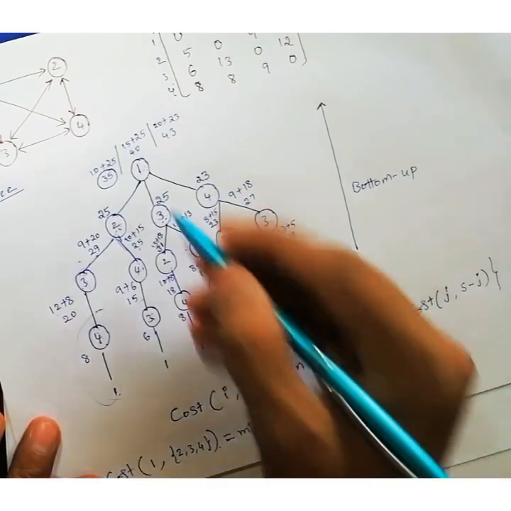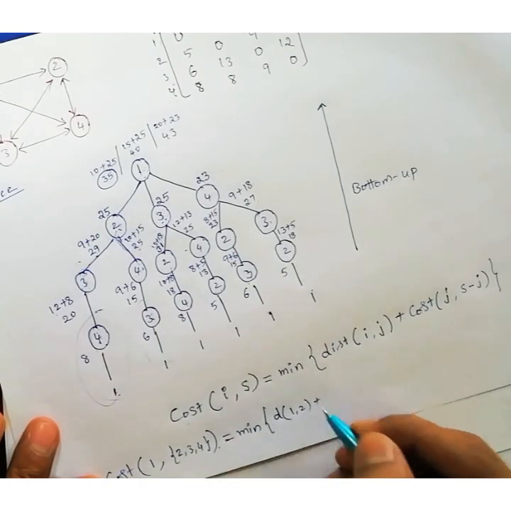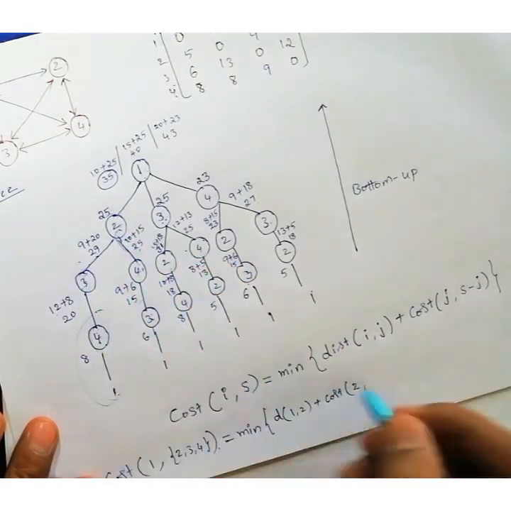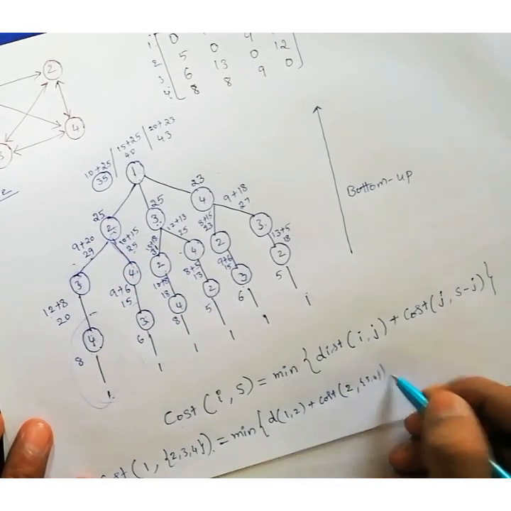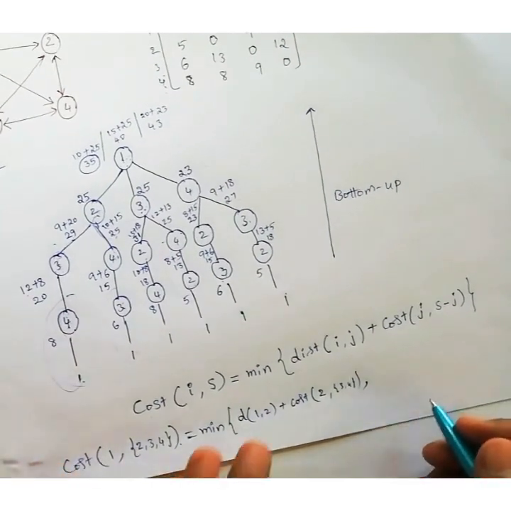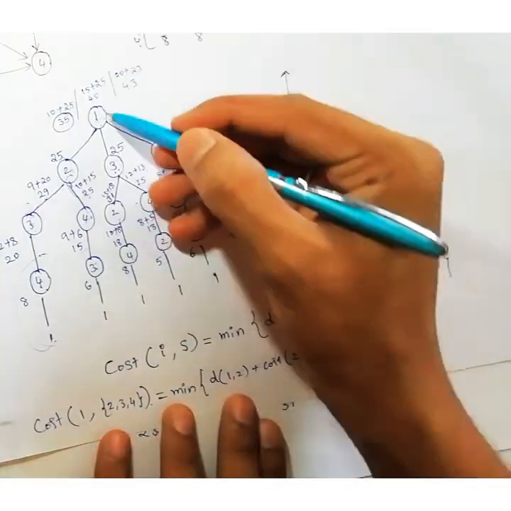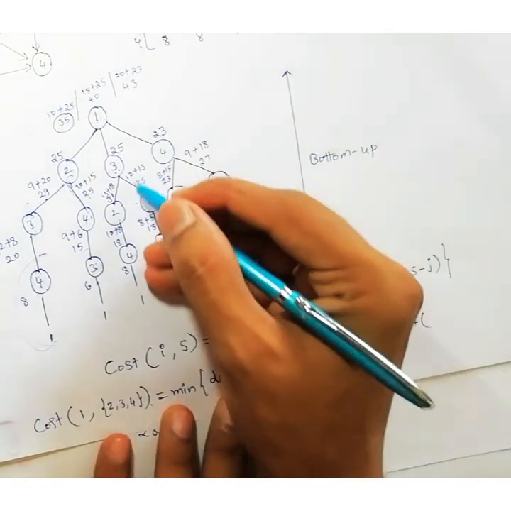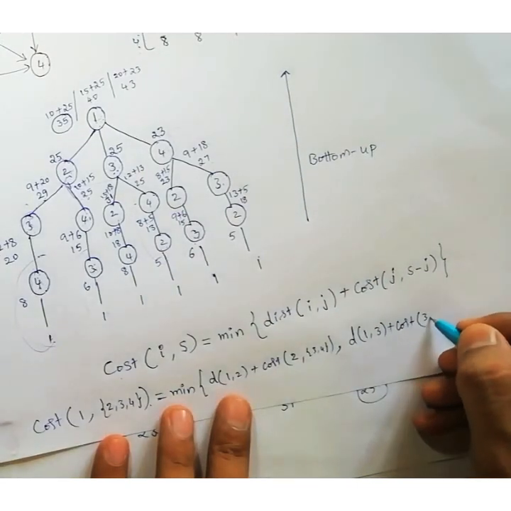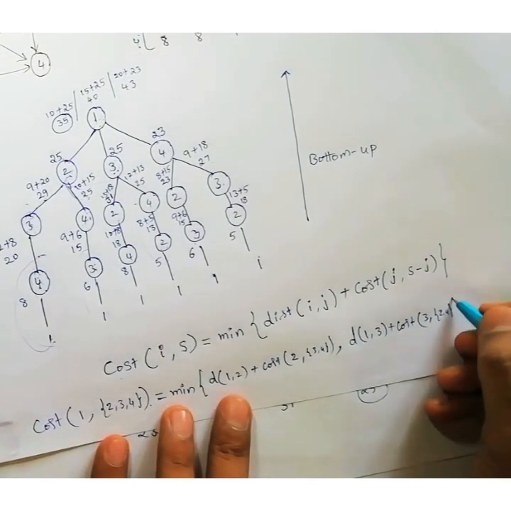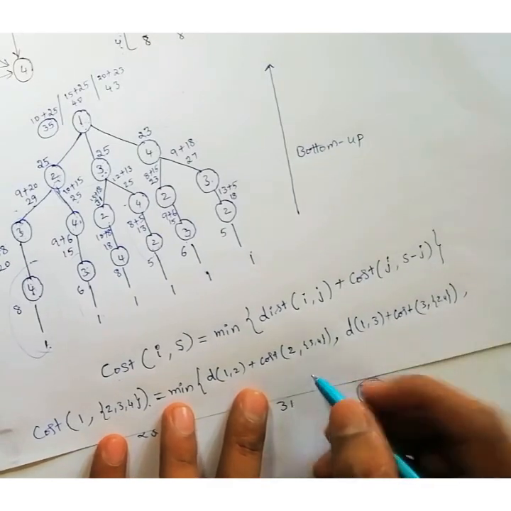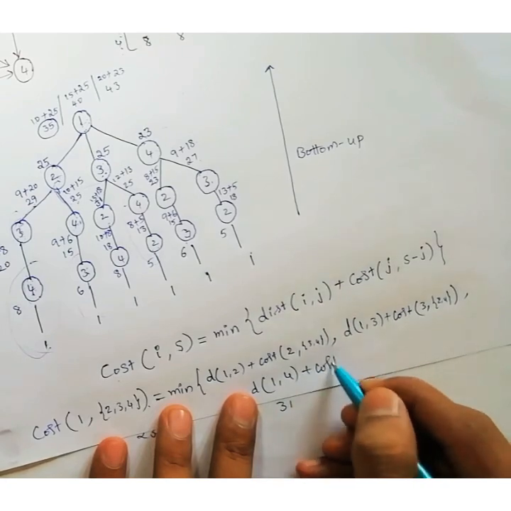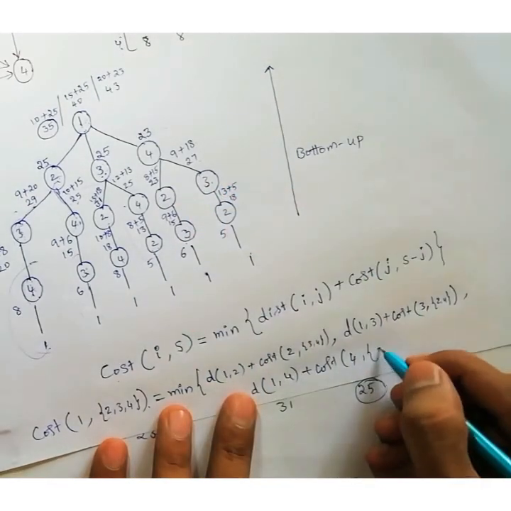So distance from 1 to 2 plus cost of 2 from the subset 3 comma 4, next distance from 1 to 3 plus cost of 3 from the subset 2 and 4, comma, one more we are having, that is 1 to 4. So that is distance from 1 to 4 plus cost of 4 from the subset 2 3.